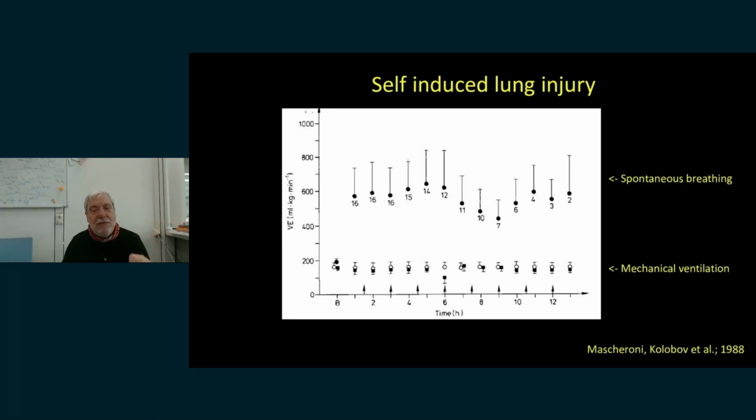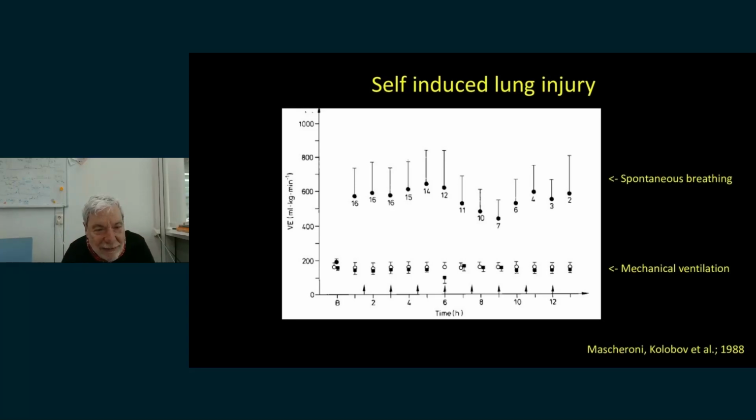I think this was not the first demonstration of the danger of spontaneous breathing, but it was the first organized demonstration in that way. And I think this paper was ignored for decades because they said, well, spontaneous breathing is the best, because something spontaneous sounds good.